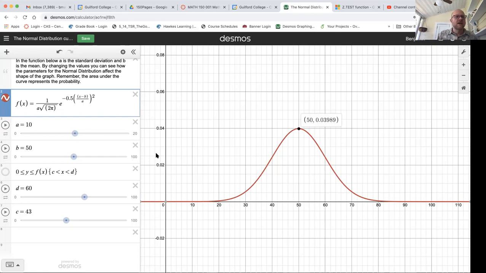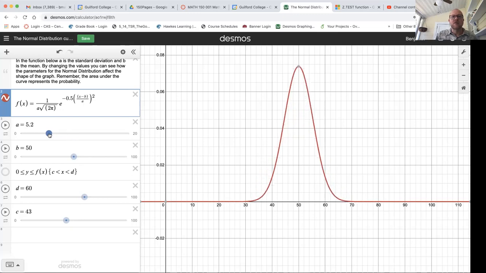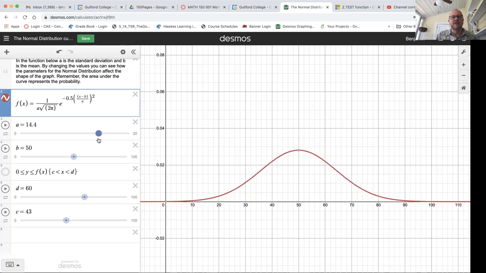I have this other adjustment that's referred to as the standard deviation. If I make it smaller, the graph has to get skinnier and taller. If I make it larger, then the graph has to get flatter and wider.